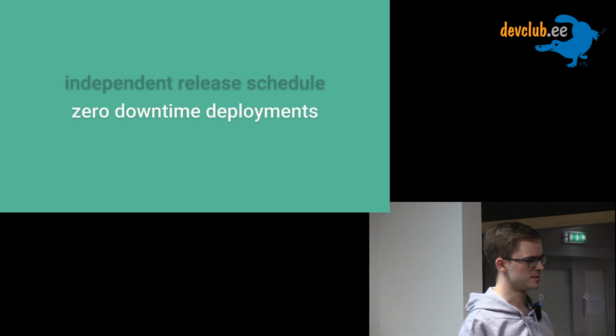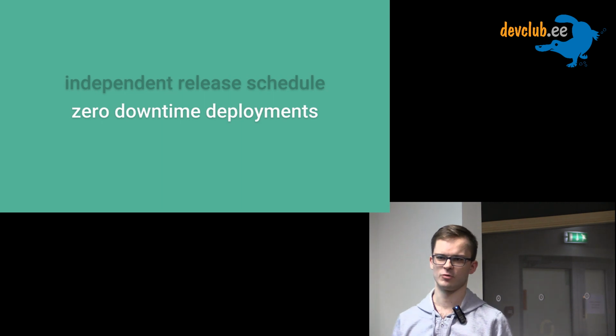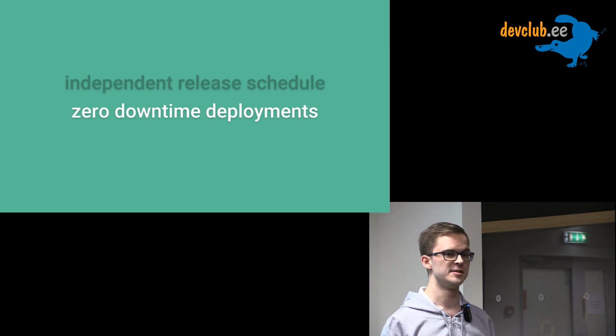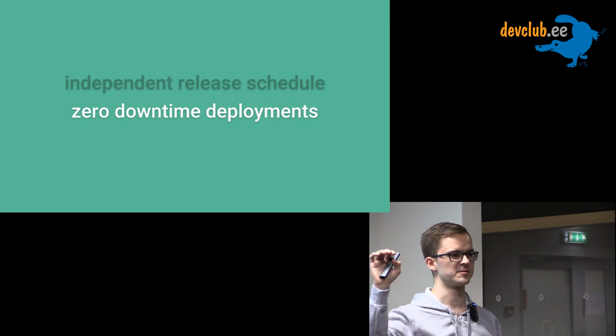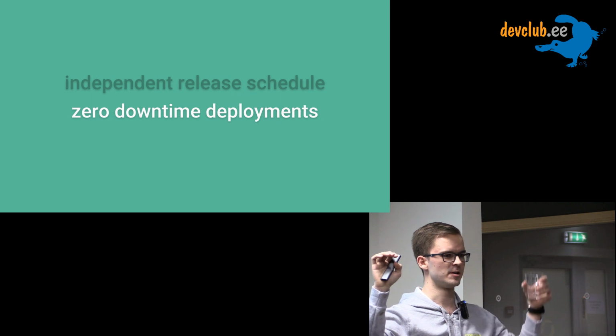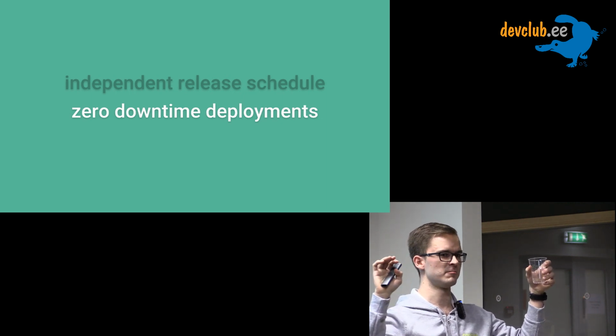And the other thing is zero downtime deployments. An easy example of how to do that is take, for example, the customer service. We have the old version of the customer service running. We spin up a new version of this customer service, load balance the traffic between them.